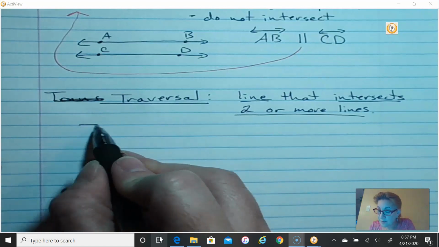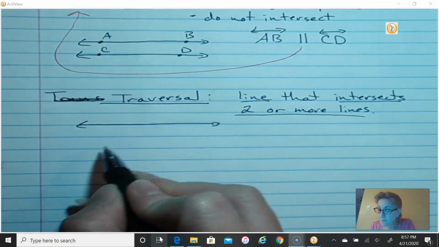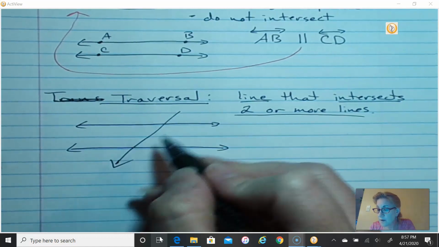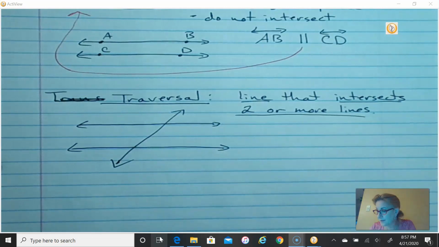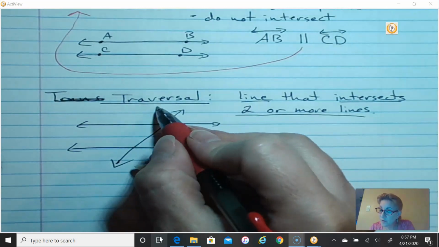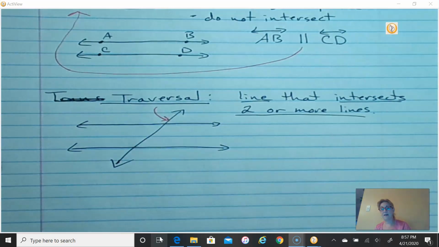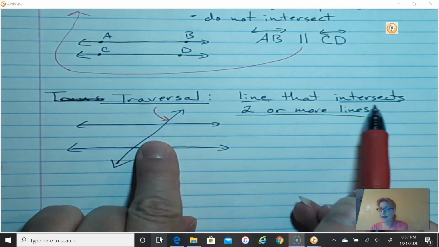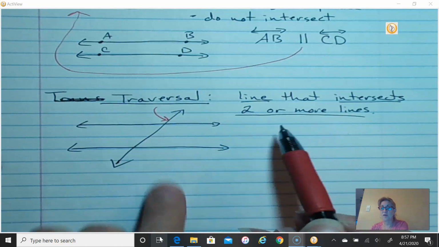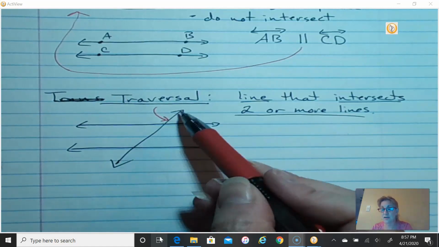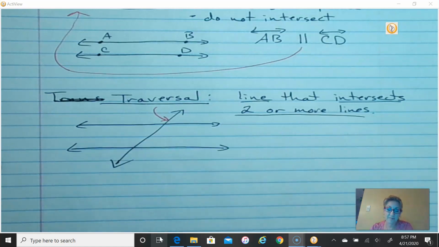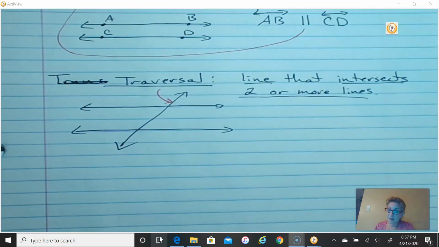It looks like this. It would be straighter than that. So the transversal is that thing right there, the crooked one. It's a line that intersects 2 or more lines. So this is intersecting or crossing these 2 lines.